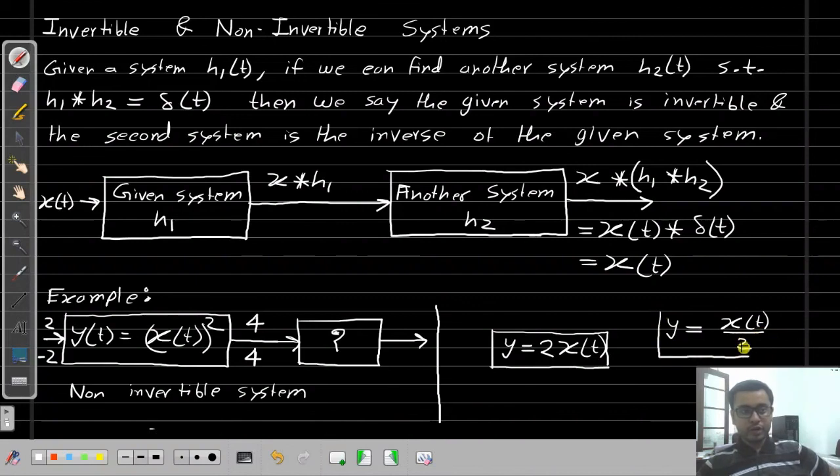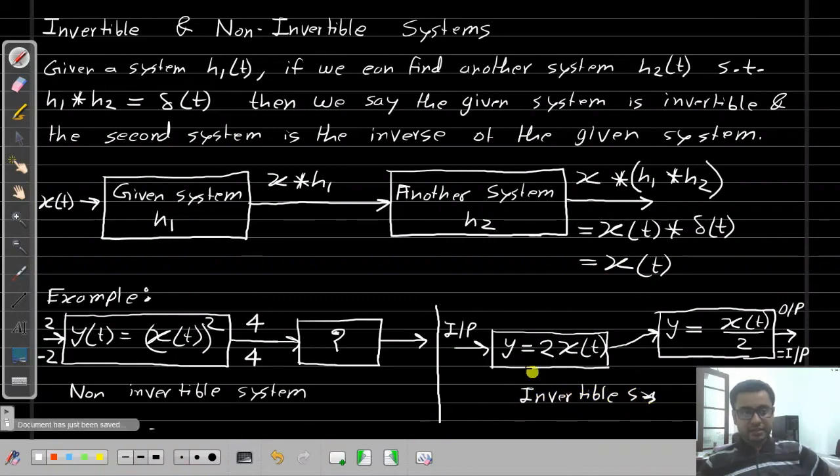Now if you connect these two systems in cascade, input is given here, it is doubled, and then it is given to the second system. Here output will be the same as the input. So this is an invertible system, and these two are invertible pairs.